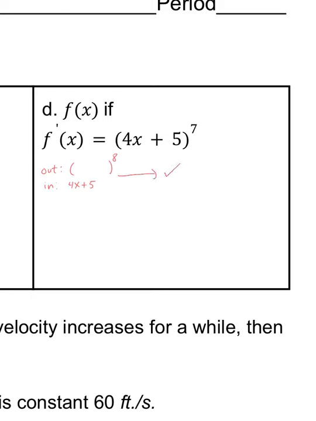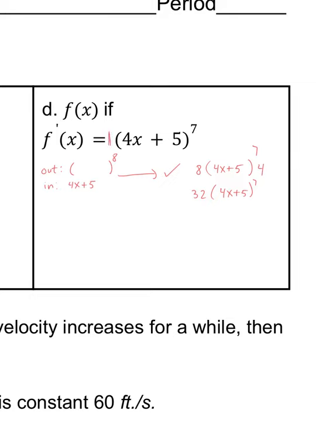The derivative of this outer function is 8 times something to the 7th. The inner as is 4x plus 5. And the derivative of the inner is 4. So this outer and inner function give me the derivative 32 times (4x plus 5) to the 7th. But I need a 1 out front right here.